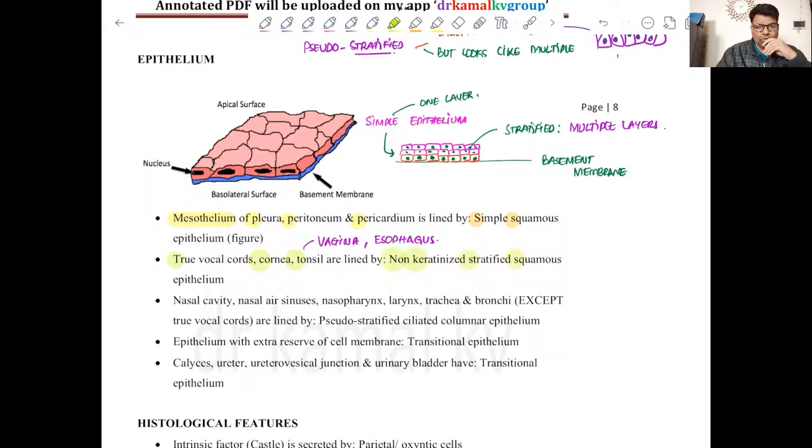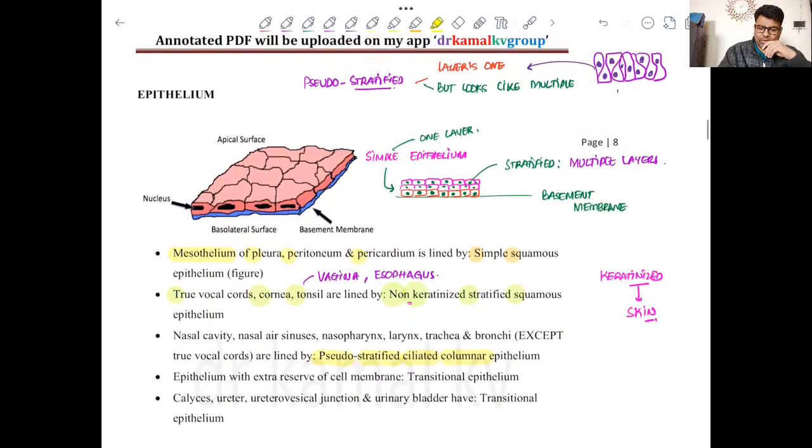I think now you must be knowing the meaning of word stratified. Now non-keratinized means there is no keratin. There is only one place where we find keratinized epithelium, and that is skin. Clear? Other places non-keratinized. Then respiratory passage is all having pseudo-stratified ciliated columnar. Clear?